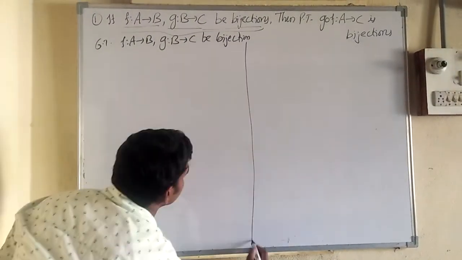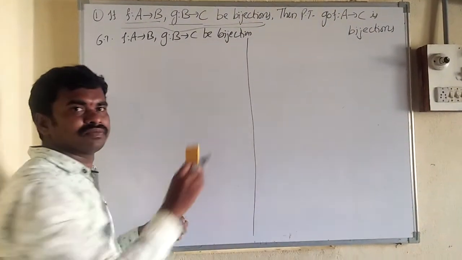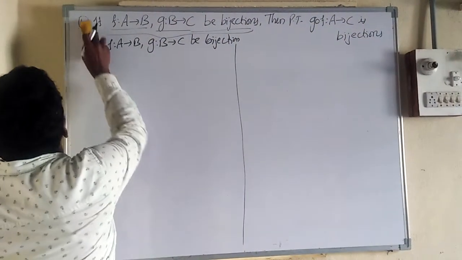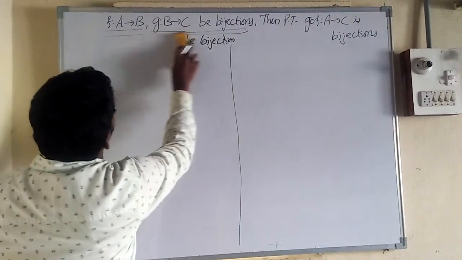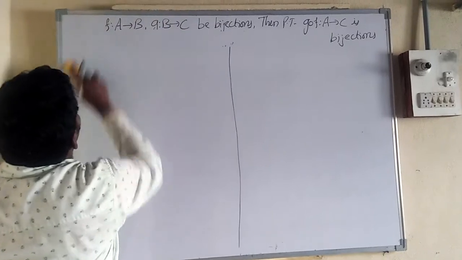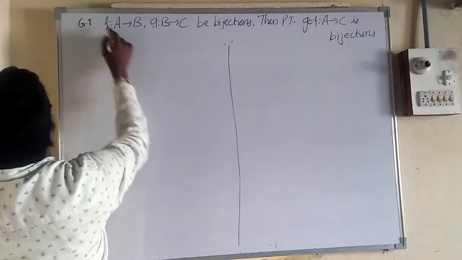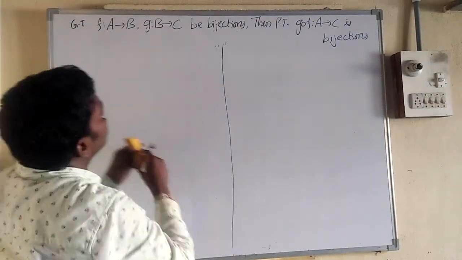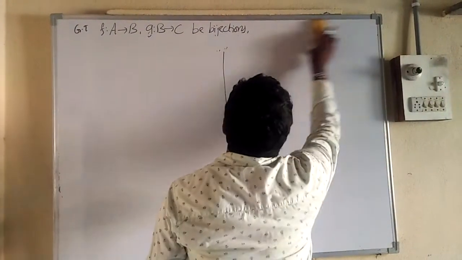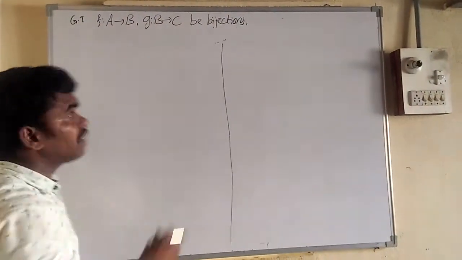First of all, I have written the given: f maps from A to B, g maps from B to C are bijections. Bijection means what?